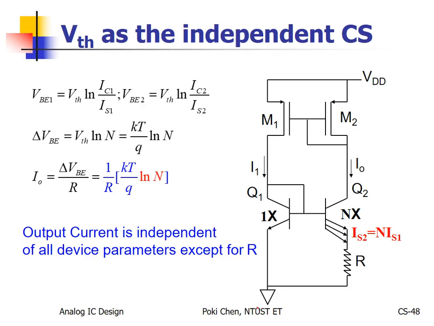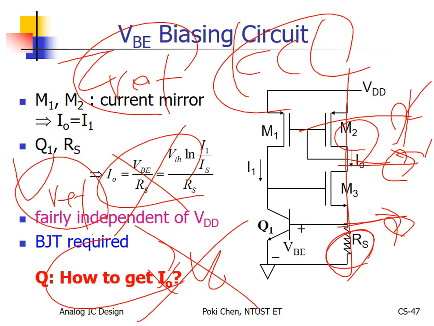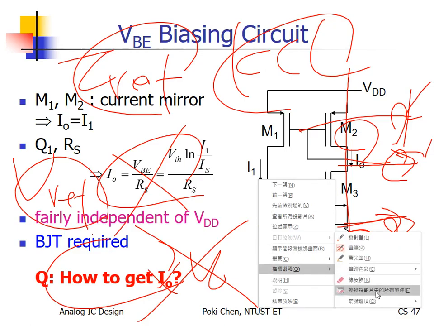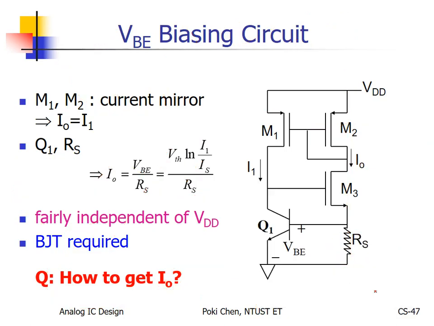And then you see I1 over IS, right? I1 is for the MOSFET, and IS is for the BJT.